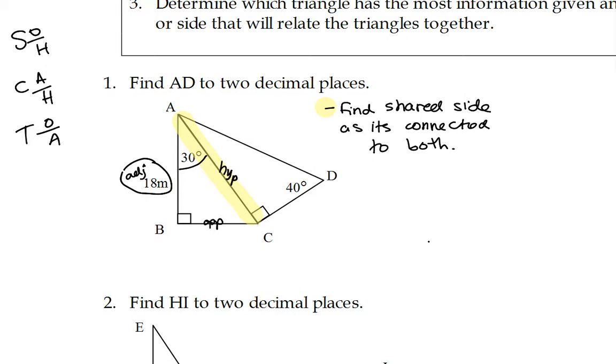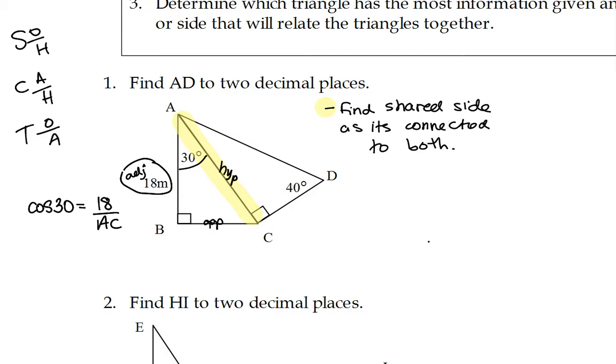So clearly I have to use cos. Cos 30 will be equivalent to which ratio? Adjacent over hypotenuse. 18 over x, or in this case, I guess we can call it the line segment AC. You guys okay with that?